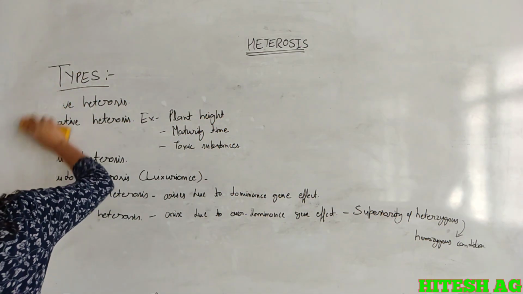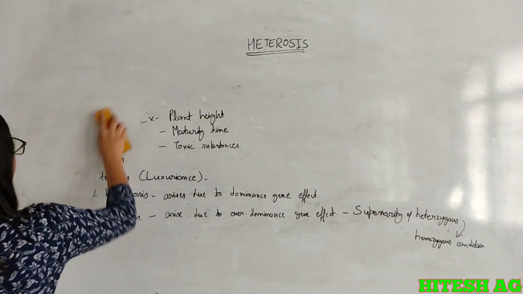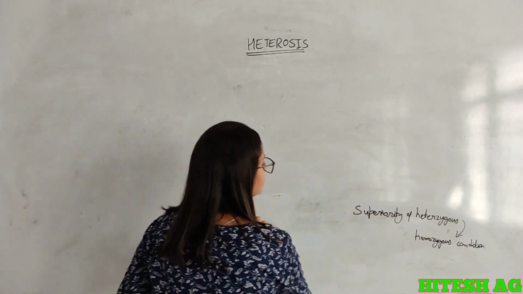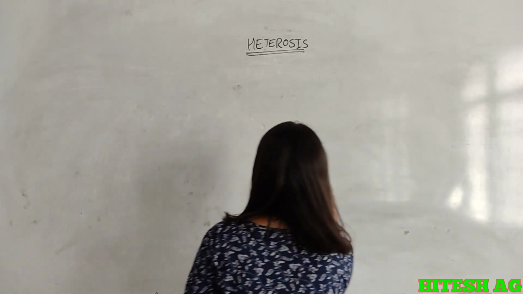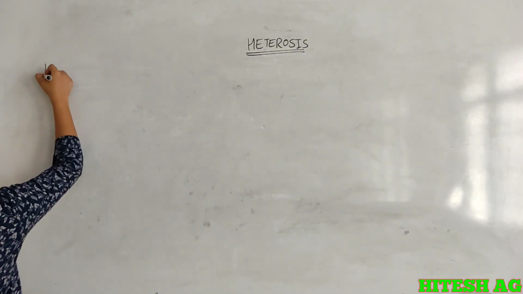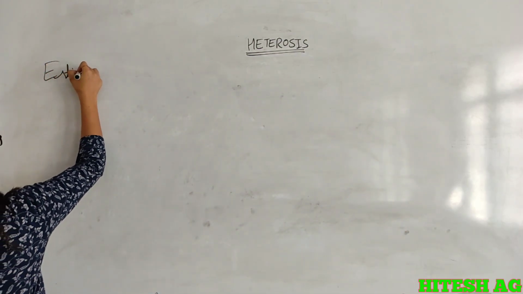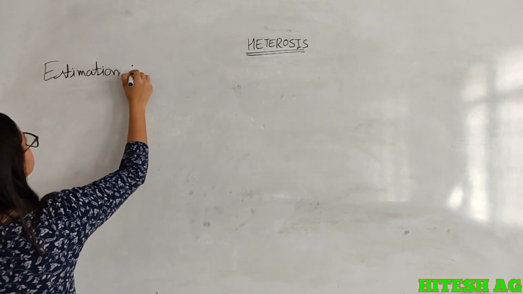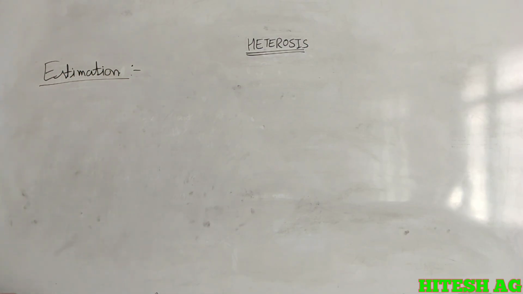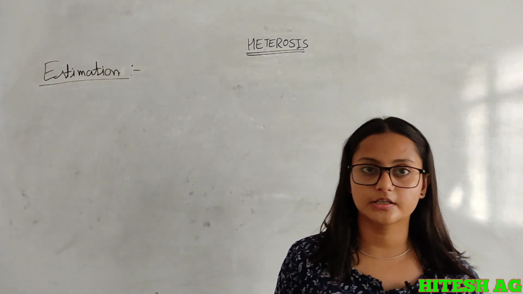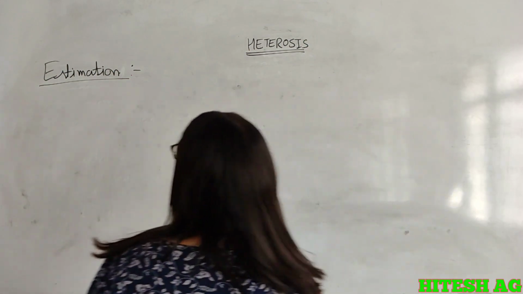Now moving on to the most important topic in heterosis, which is the estimation of heterosis. How do you estimate the amount of heterosis that you are getting in your hybrid? So basically there are three ways in which you can estimate heterosis.